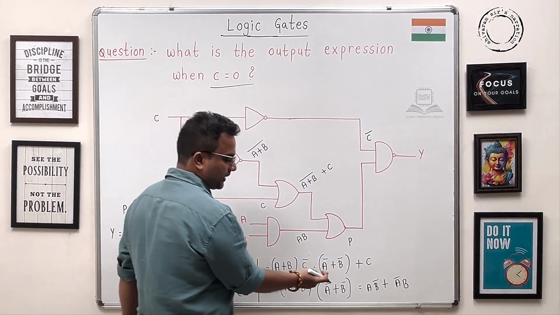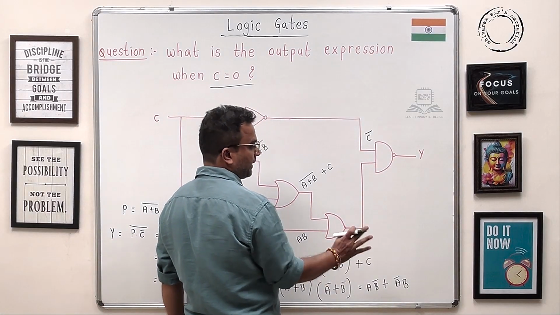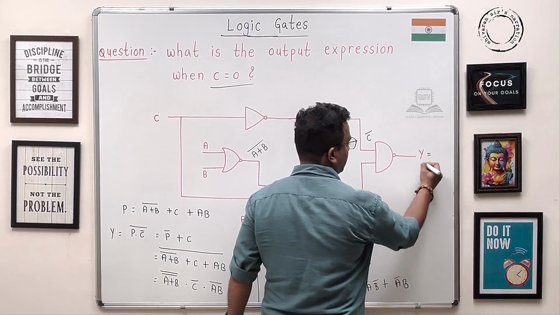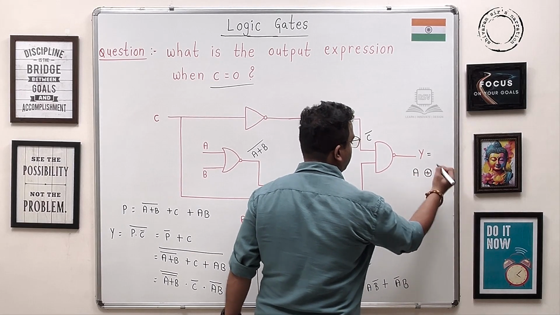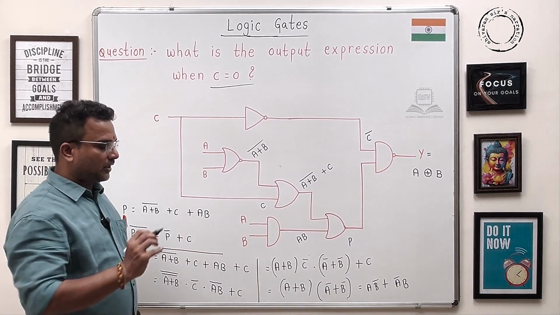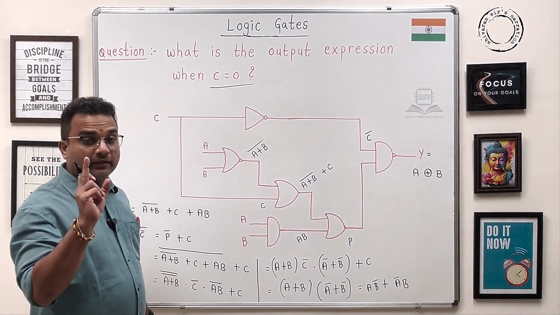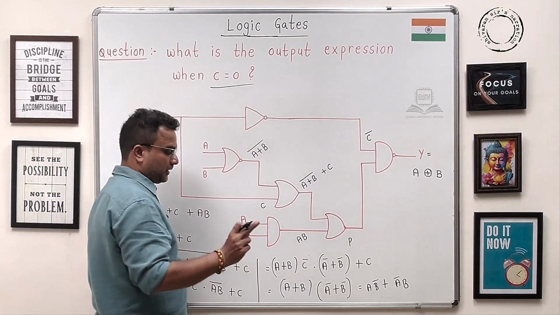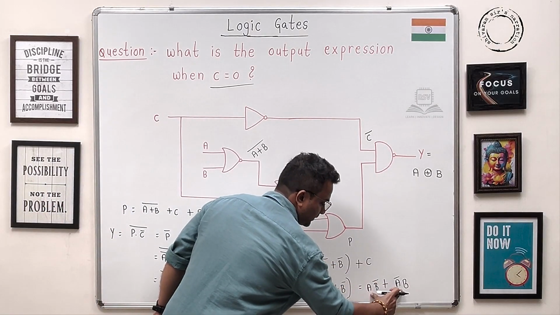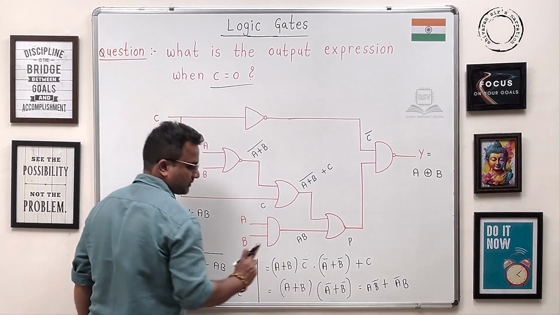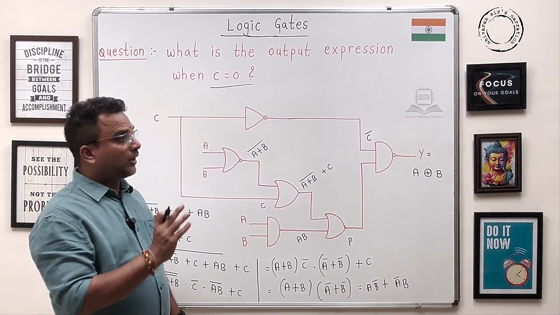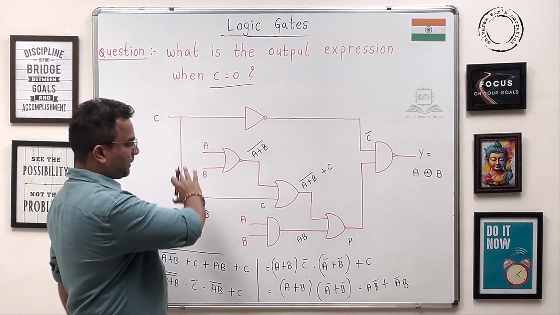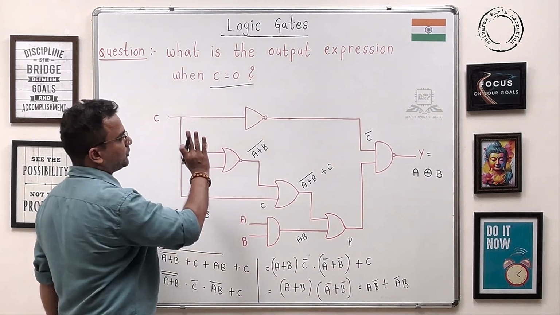Hence the expression is A B bar plus A bar B. That's none other than the XOR operation, that is A XOR B. Remember guys, the XOR gate logic expression in SOP form is this, and in POS form is this. Right? This is the output expression for this particular design when C is equal to 0.